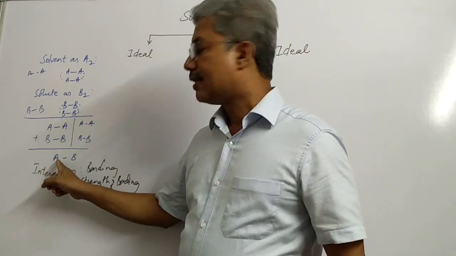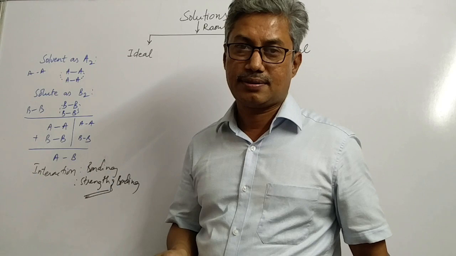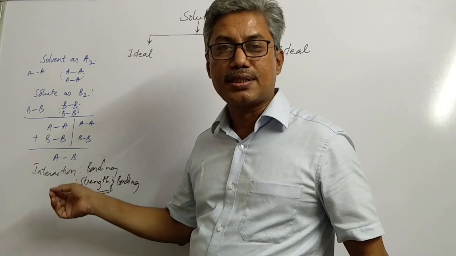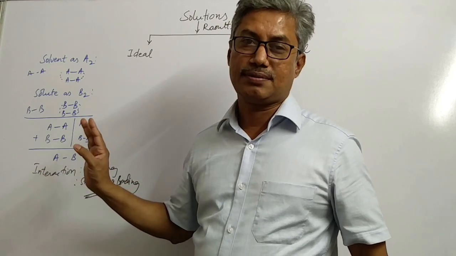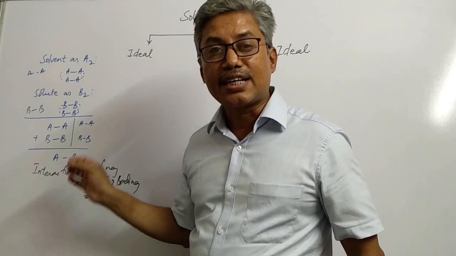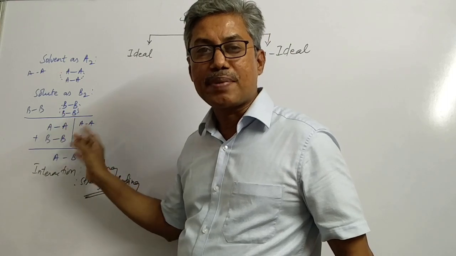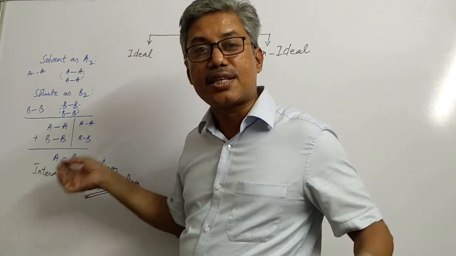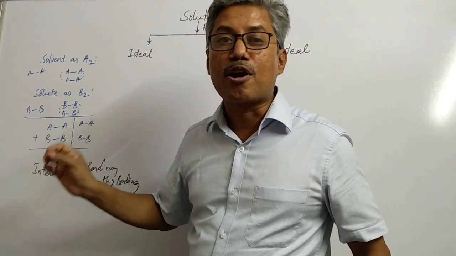If AB interactions, that means AB bond strength, can be either equal to the bond strength of AA and BB, or it may not be equal. Is that clear, students? I repeat, this AB interaction is equal to the interaction of either AA or BB, or AB interaction is similar in strength to BB interaction and AA interaction. Or it may not be equal.